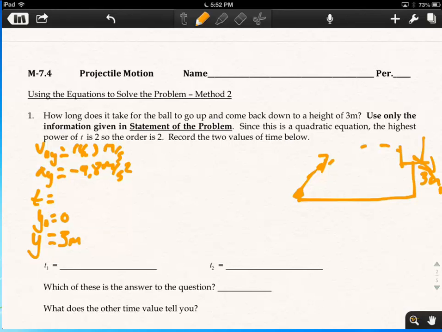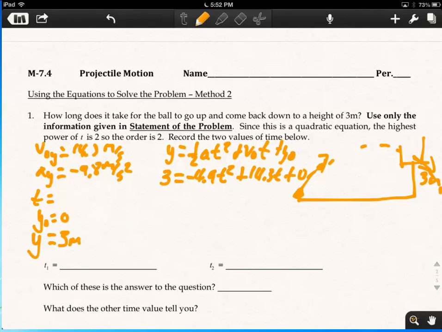So y equals 1/2 at squared plus v naught t plus y naught, and I have 3 equals negative 4.9 t squared plus 14.3 t plus 0, since it starts on the ground. Subtract that 3 over and I get 0 equals negative 4.9 t squared plus 14.3 t minus 3.